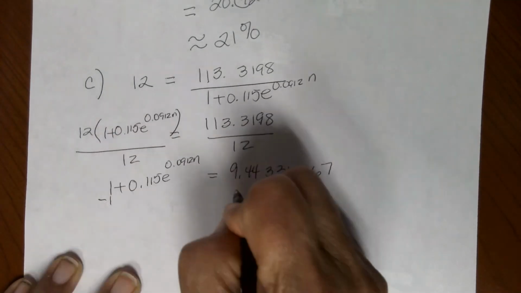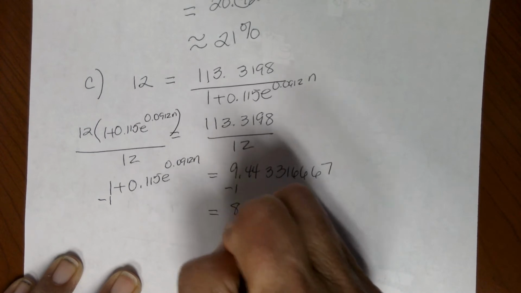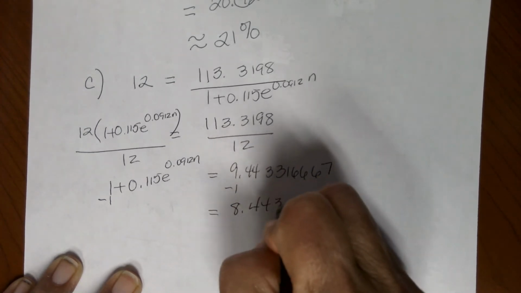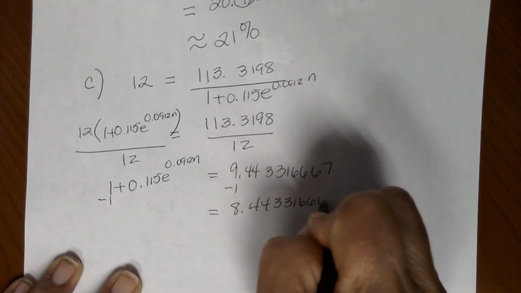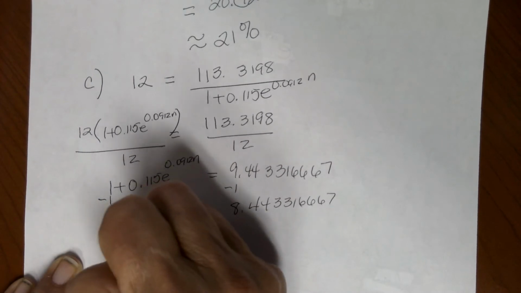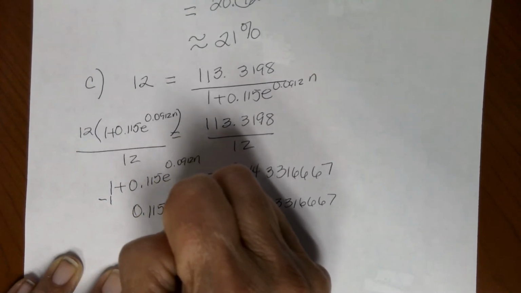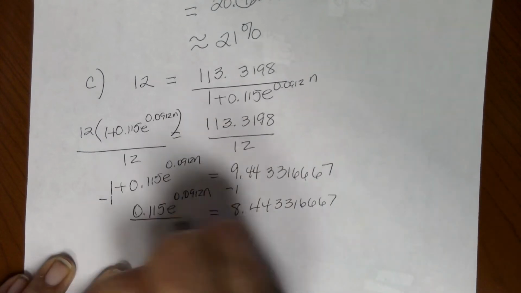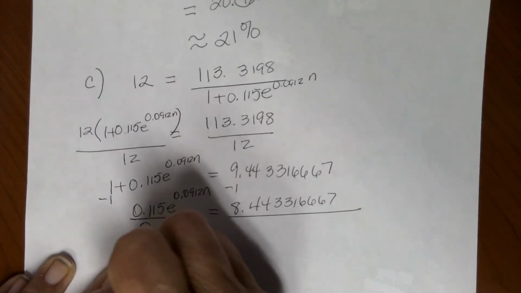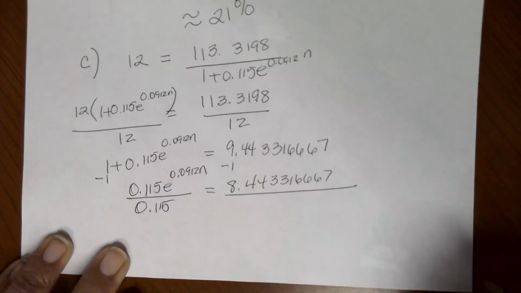Then if I subtract 1 from both sides, that gives me 8.4433166667 equals 0.115 e to the 0.0912n. And then I divide both sides by 0.115.